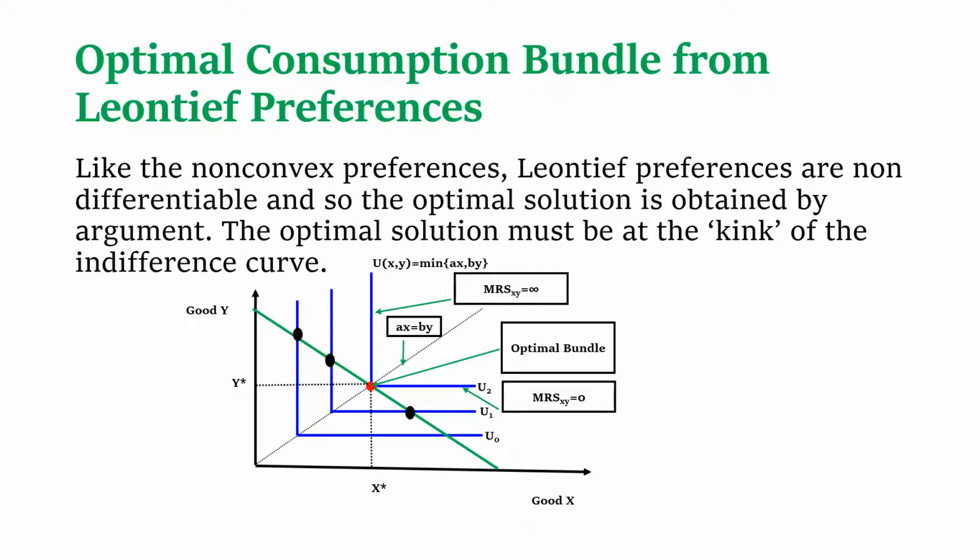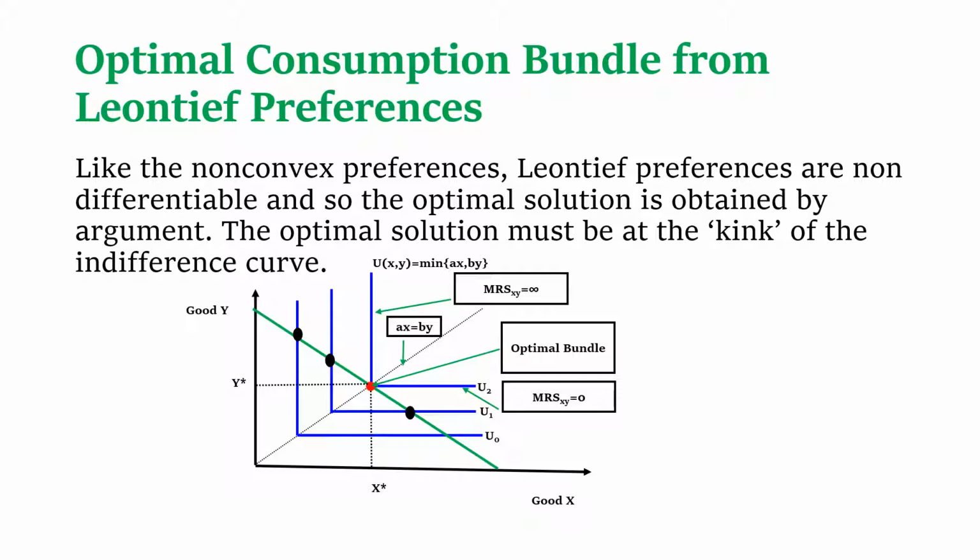So if we look at the diagram here, the L-shaped indifference curve, we notice that U0 is the lowest indifference curve. U1 is a little bit higher than U0, and then U2 is the highest indifference curve. So that is the most preferred indifference curve for this particular consumer, because it is higher than the other 2 indifference curves.